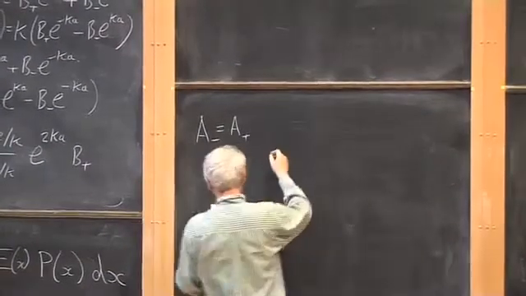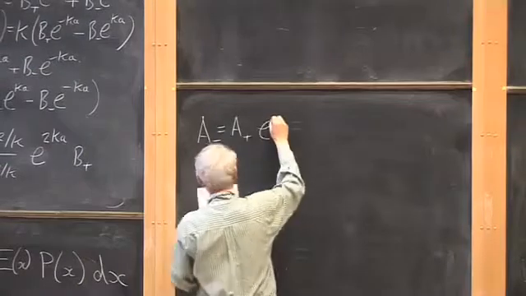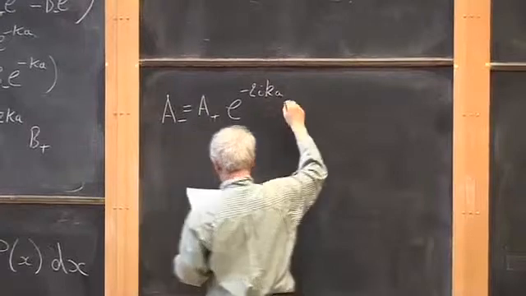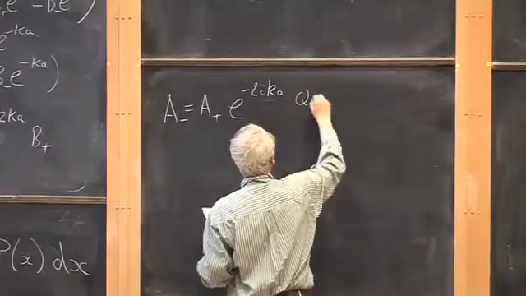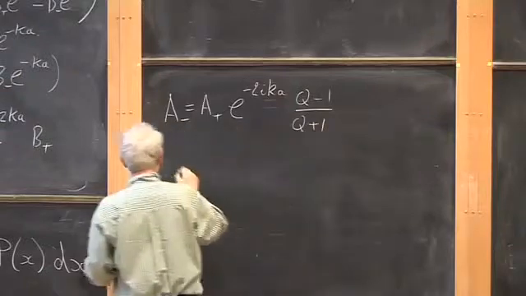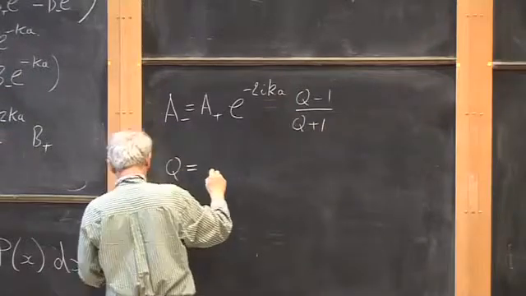And it is A minus is A plus e to the minus 2 i k a, q minus 1 over q plus 1, where q is itself pretty yucky.